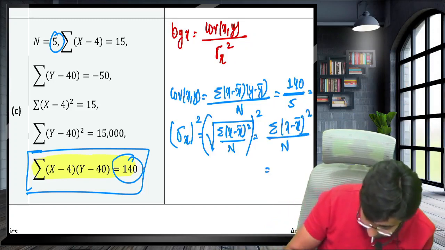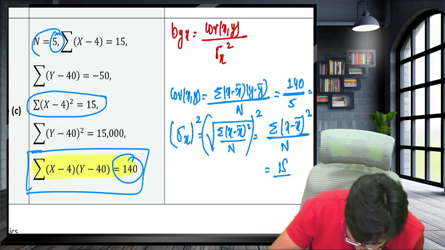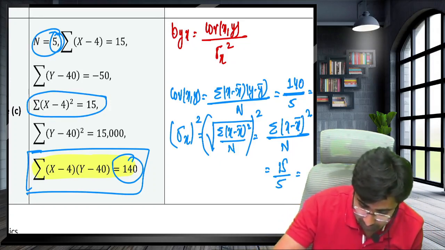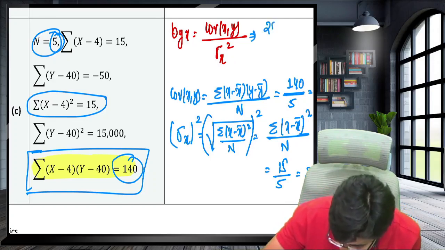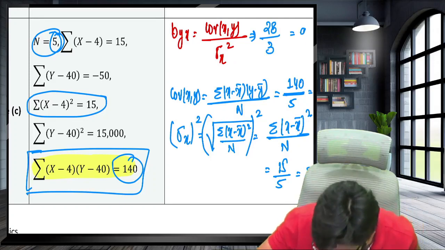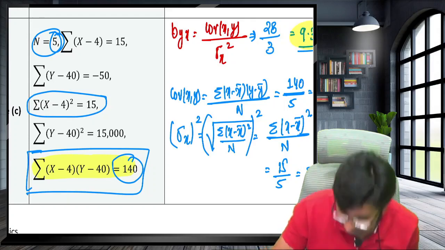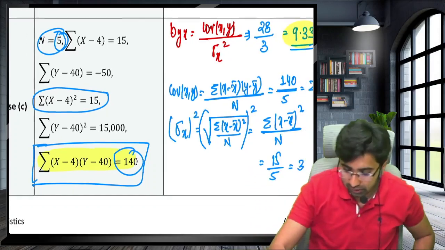What is the summation of x minus x bar whole square? 15. What is n? It is 5. 15 divided by 5, guys, it is 3. Now, sir, we have covariance, that is 28, and the standard deviation of x whole square, that is 3. 28 divided by 3, guys, that is 9.33.